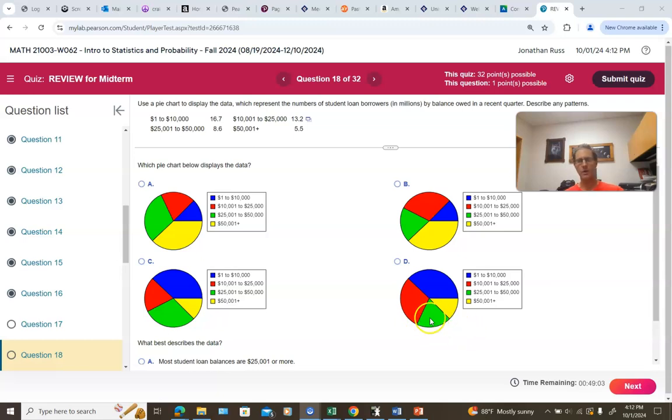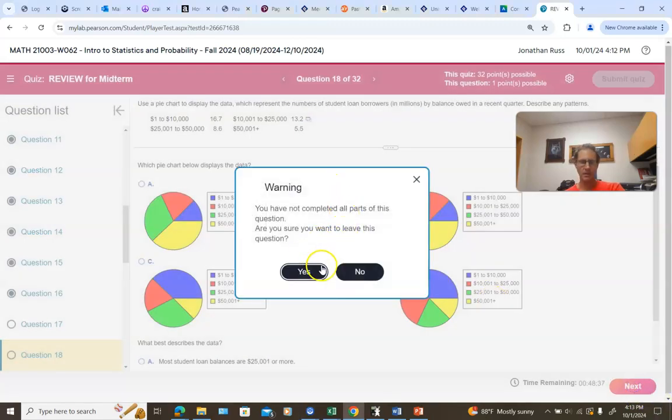Because then after this wedge, the next biggest wedge is this interval or this class, 10,000 to 25,000. And that agrees with what we have up here. 13.2 million students fall into that category, and then the largest number of students fall into this category right here, up to $10,000. So it's got to be choice D.